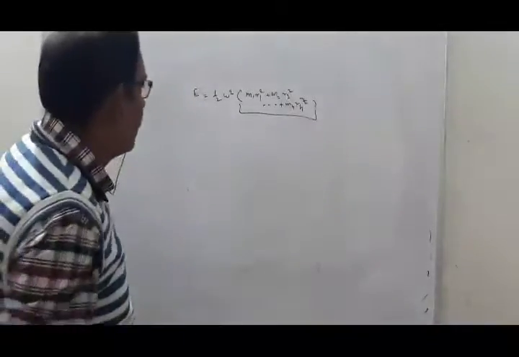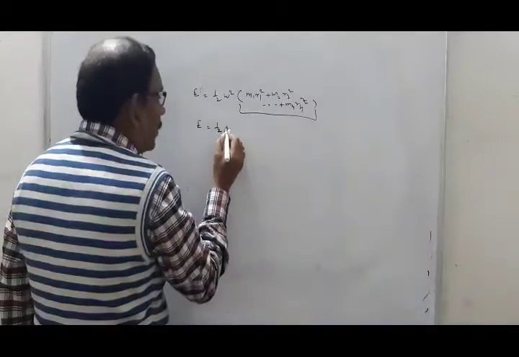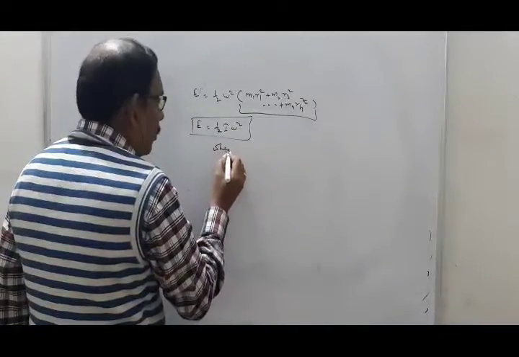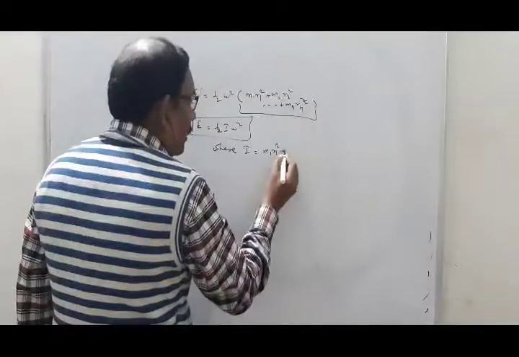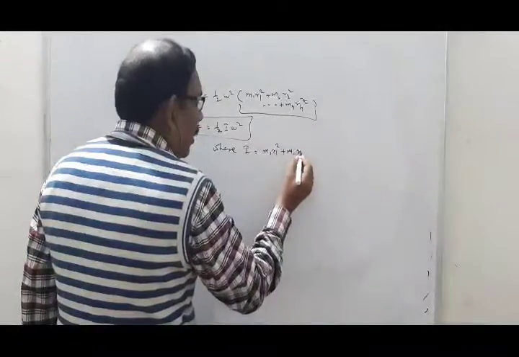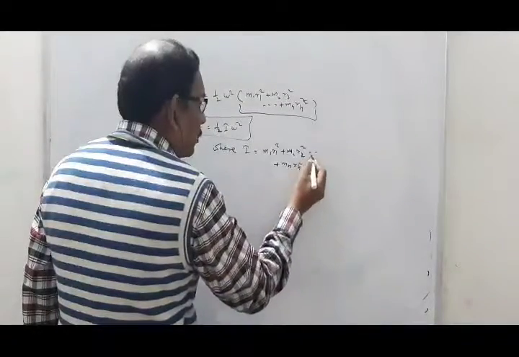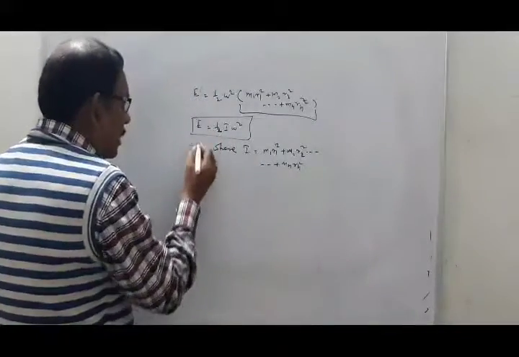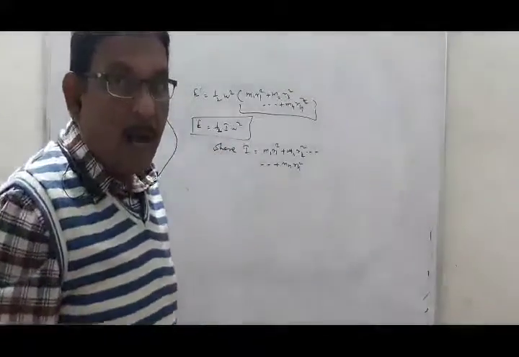So we replace this by I: E equals half I omega square, where I is equal to m1 r1 square plus m2 r2 square up to mn rn square. So the rotational kinetic energy is half I omega square, like the kinetic energy half m v square.